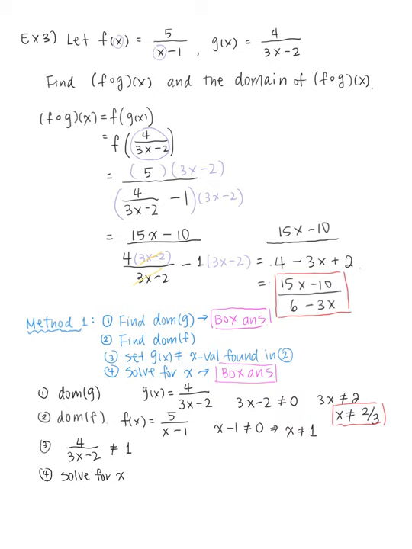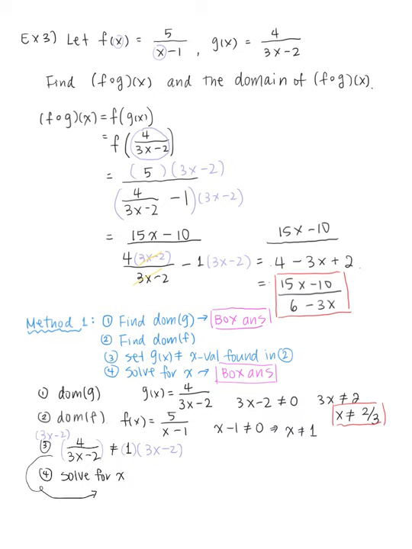All right, so there are a couple of ways that you can do this. The easiest way for me is just to multiply everything through by the LCD, which is just 3x minus 2. All right, so then what do we get? I'm running out of room.